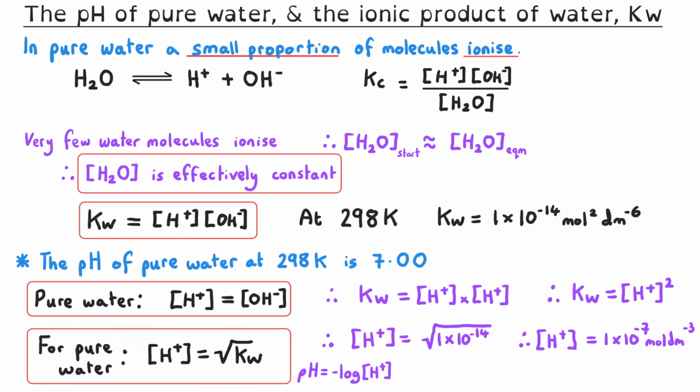And so that's the hydrogen ion concentration for pure water at 298 Kelvin. If we take the negative log of this value to find the pH, we can see this gives us a value of 7.00. And so we've proven that at 298 Kelvin, pure water has a pH of 7.